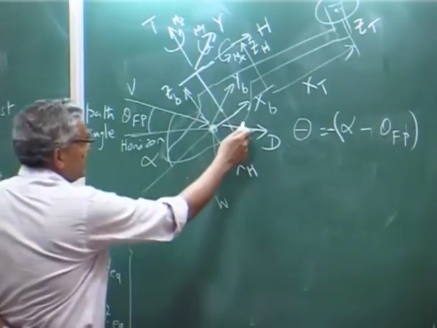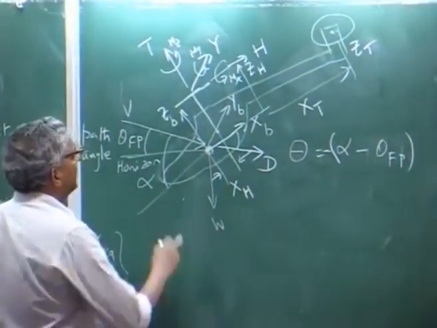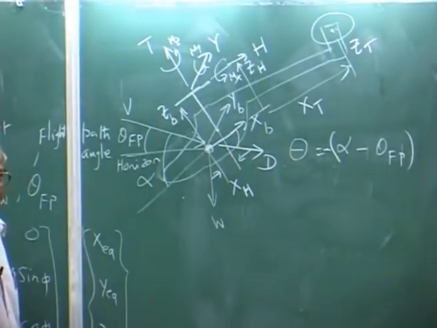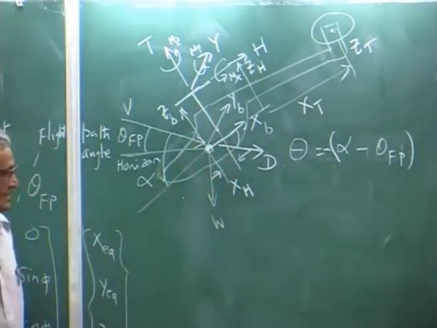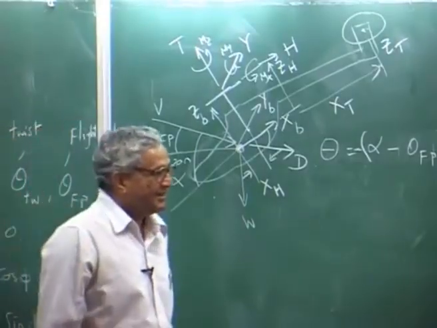That is why you see this angle from the horizontal, this angle is alpha, okay. So, D cosine alpha, D sin alpha, okay.